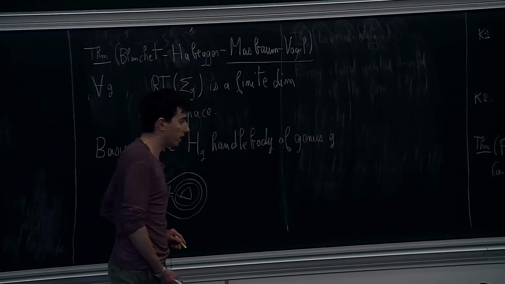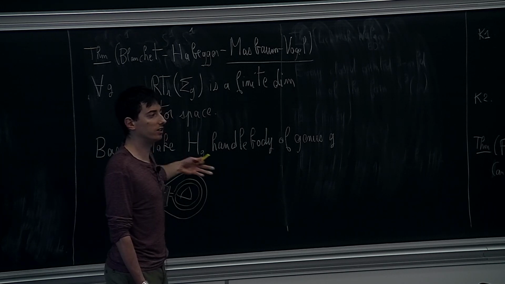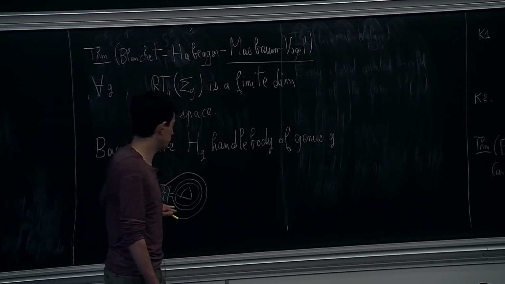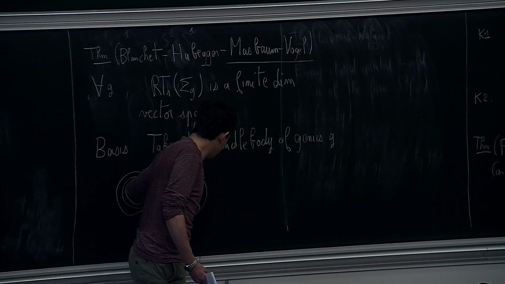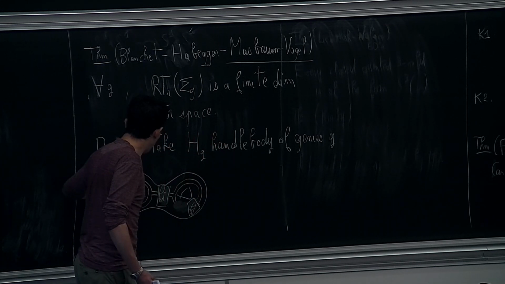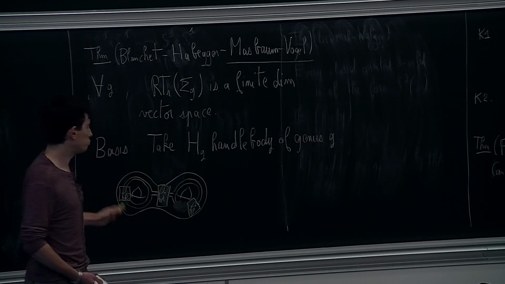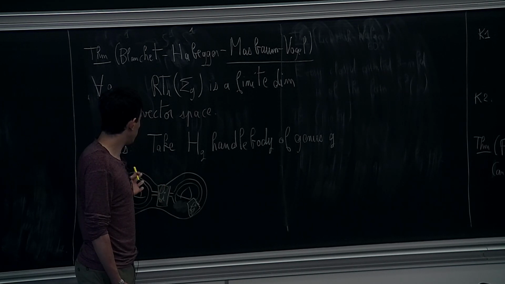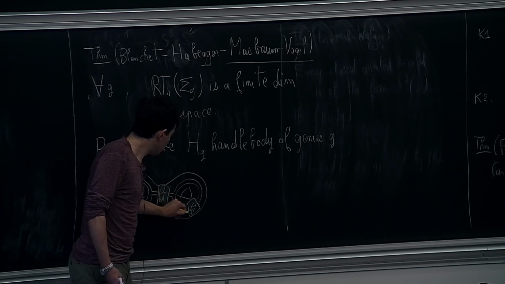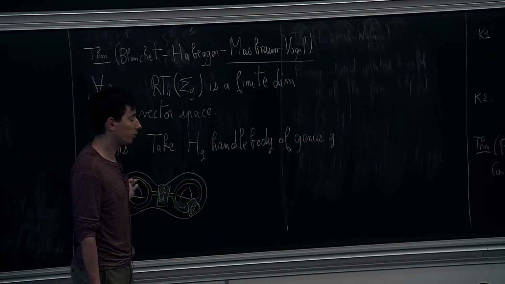So here I put an f_i, which also means that I take i parallel cables of the edge. And here I put some f_j. And here I put some f_k. With this, I can define some linear combinations of links in the handlebody.